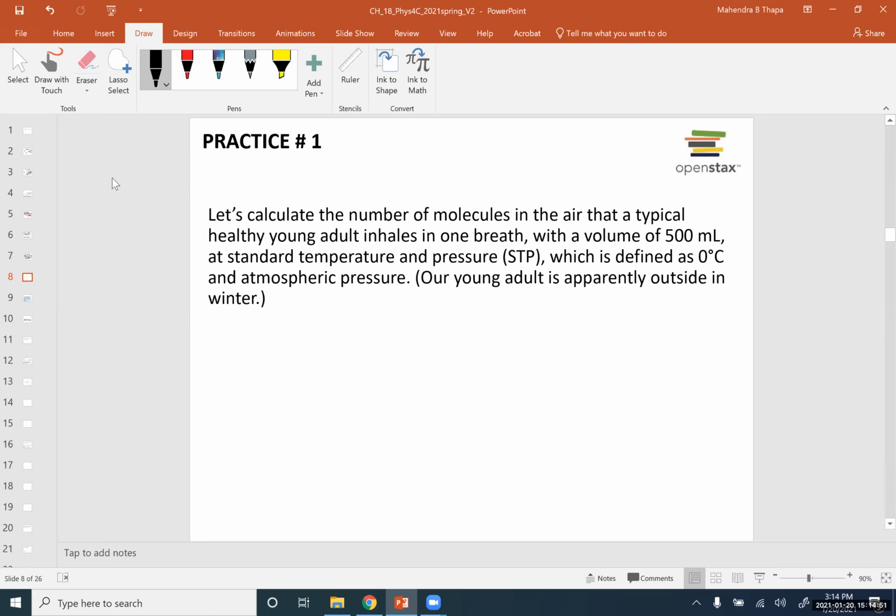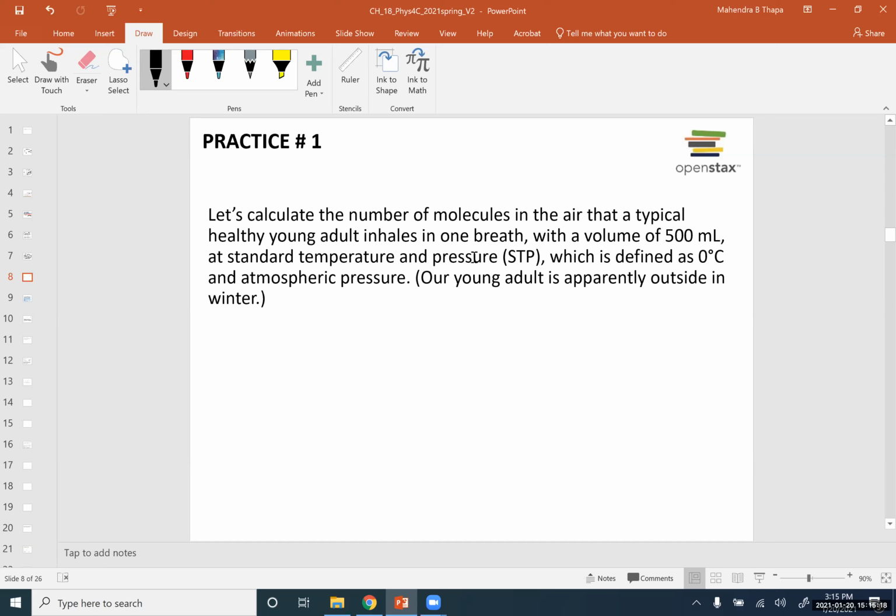If you understand up to this point, I believe you can answer these questions. This one asks us to calculate the number of molecules in the air that a typical healthy young adult inhales in one breath with a volume of 500 milliliters at standard temperature and pressure.